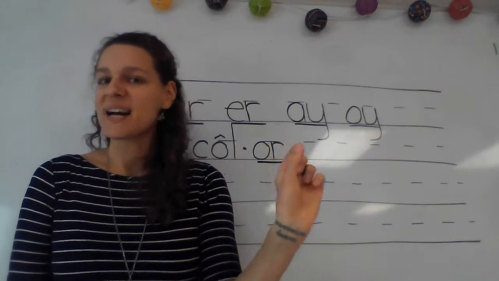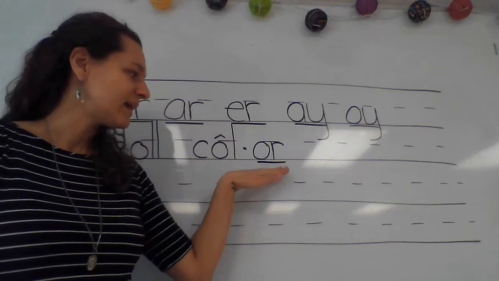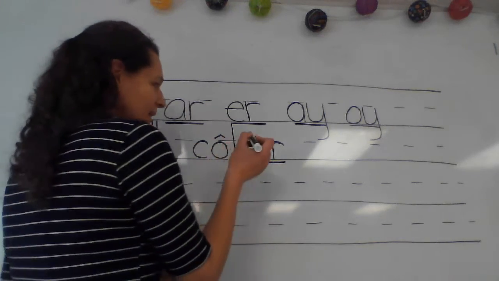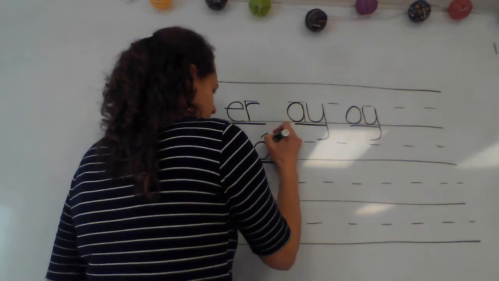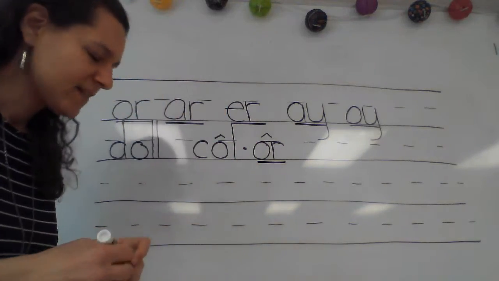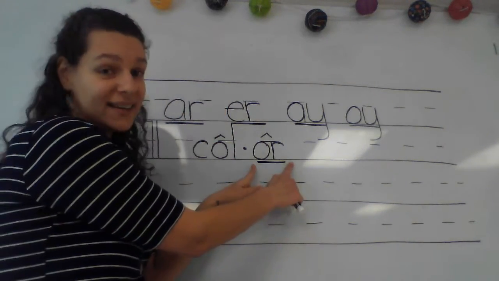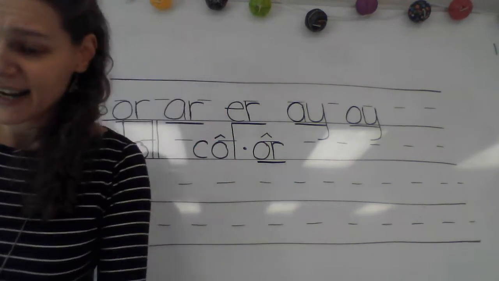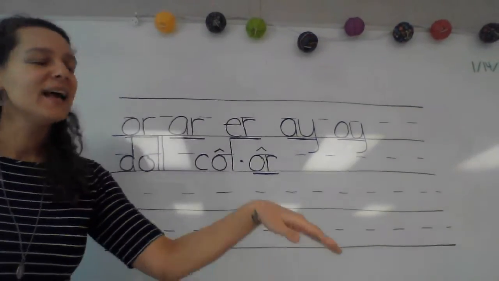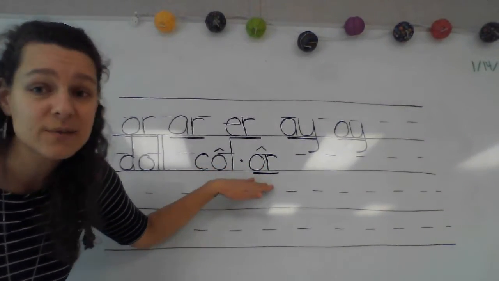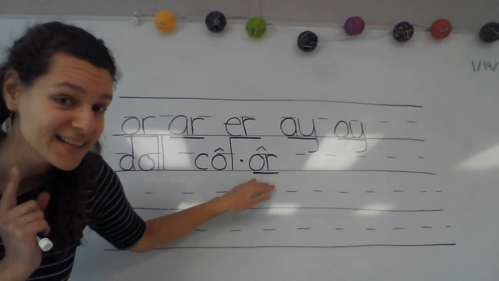Later on, we're going to talk about that a little bit more. We've got a rule about that, or I don't know if we would say a rule, but the way this often behaves in an English word in the next video. All right, so one more time, class. How do we say this word to spell it?